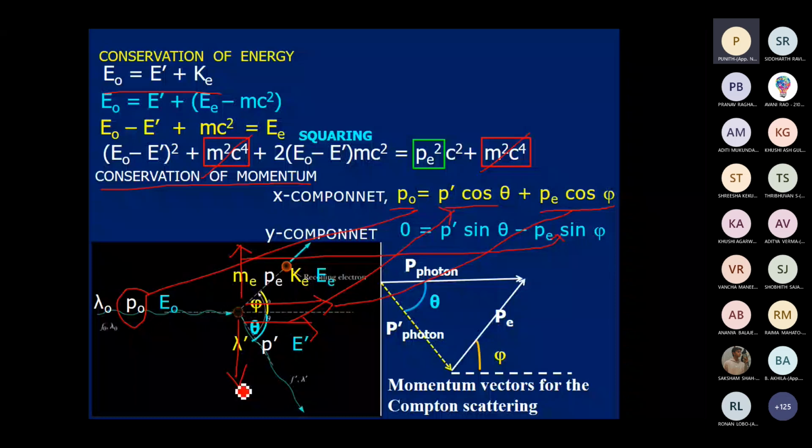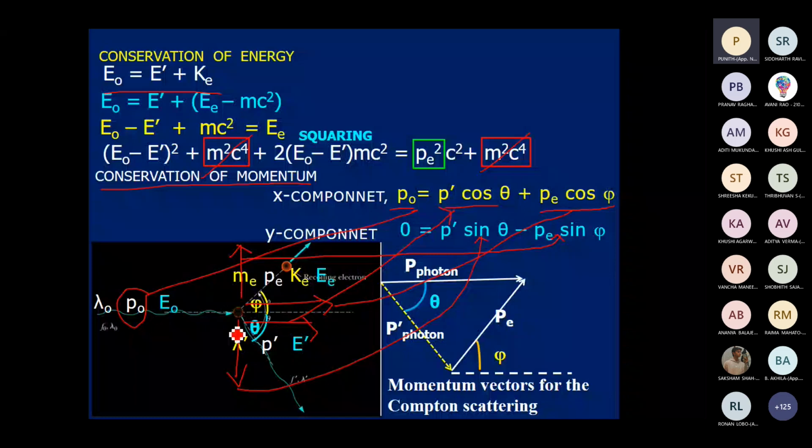The negative sign arises because the y component of the momentum of the electron and the y component of the scattered photon are in opposite directions. That is why the negative sign arises here.